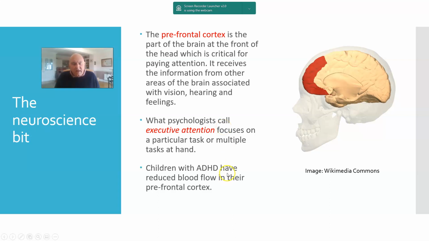One little interesting fact is that children with ADHD have been shown to have reduced blood flow in their prefrontal cortex. So there are physical symptoms associated with lack of attention. So for those students you have in the class who are dreamy, easily distracted or distract others easily, there is probably a physical reason for that.